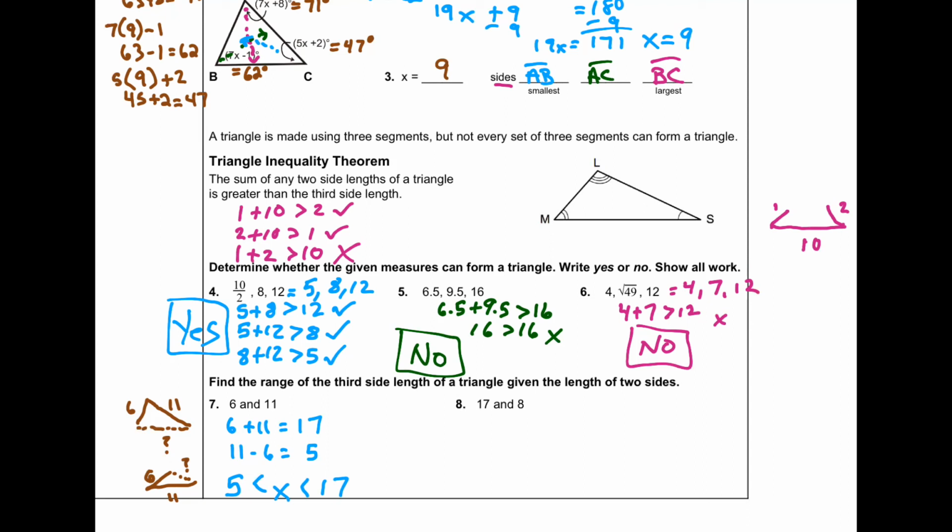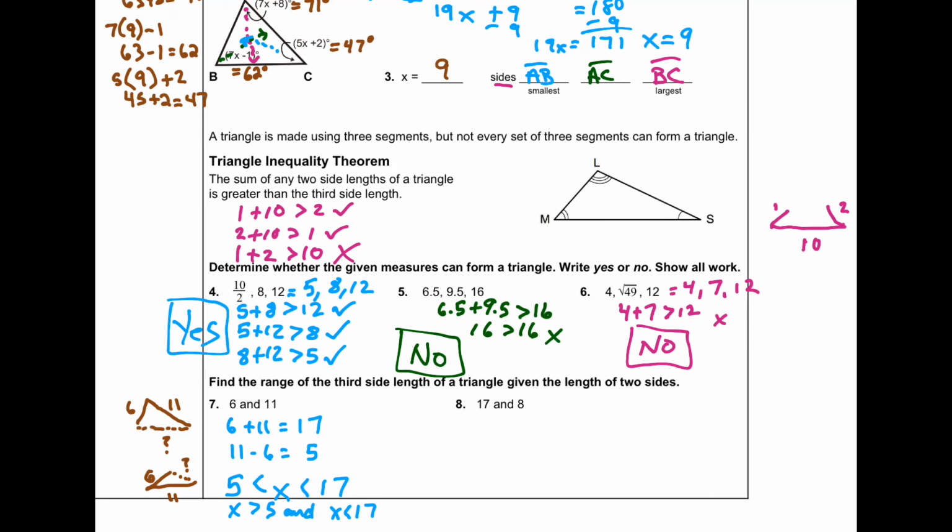That means x is greater than 5 and x is less than 17, somewhere in between. Notice we don't want to say equal to, because then we run into a situation like this where we'd get 16 equals 16, and that doesn't form a triangle. So you want to keep just the less than symbols there.